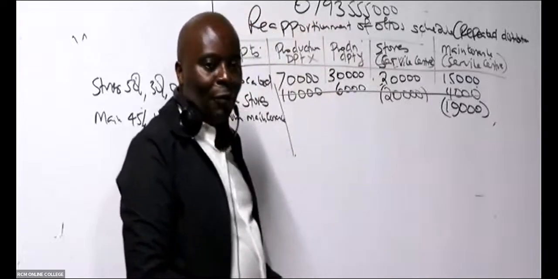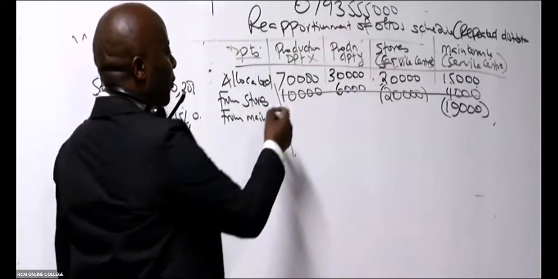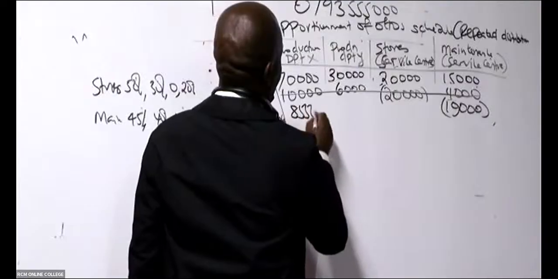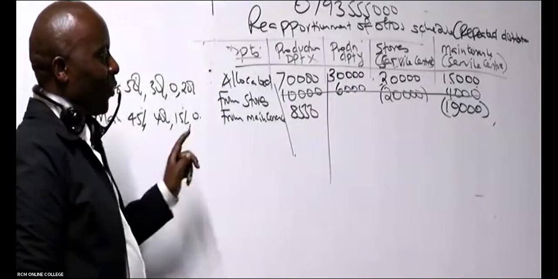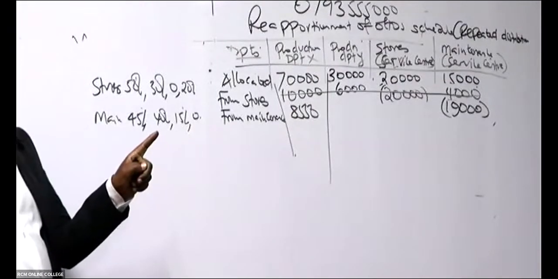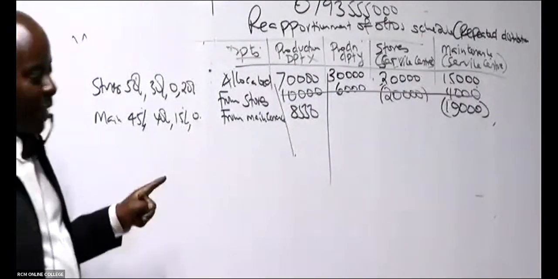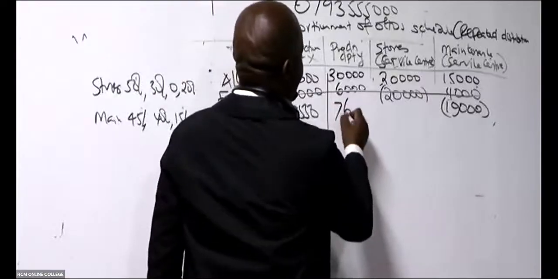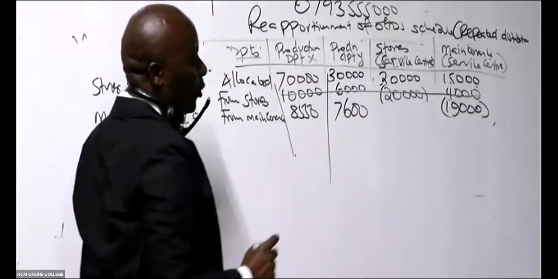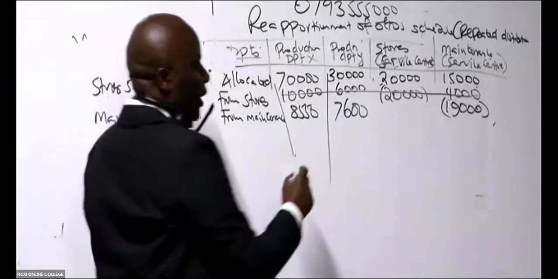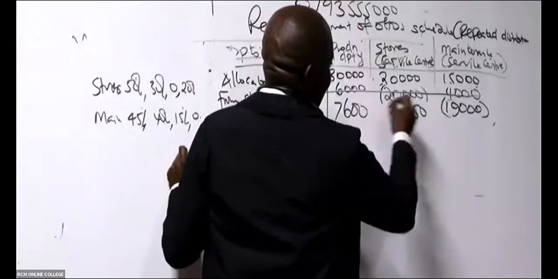They're giving me 8,550. And then we have 40% of 19,000, which is 7,600. And then 15% of 19,000 is 2,850.